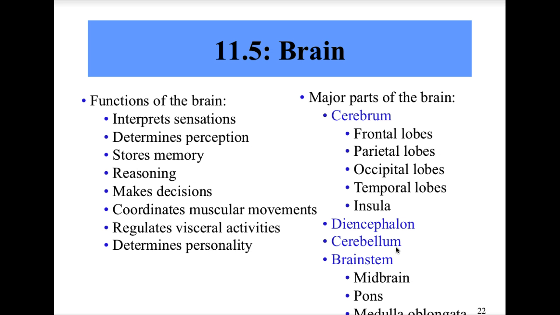So looking at the brain itself, we know that the brain is the largest and most complex portion of the nervous system. It occupies the cranial cavity and is composed of 100 billion multipolar neurons. The brain oversees the function of the entire body and also creates characteristics like personality.